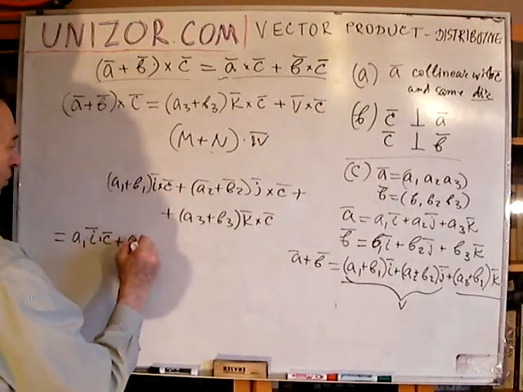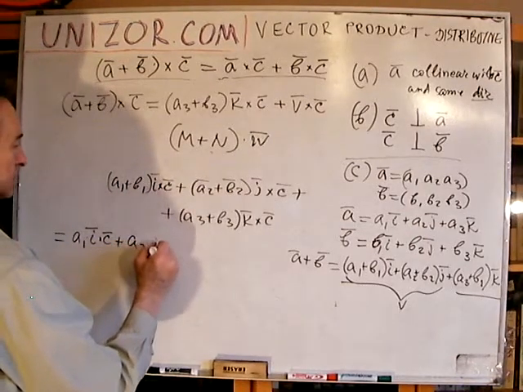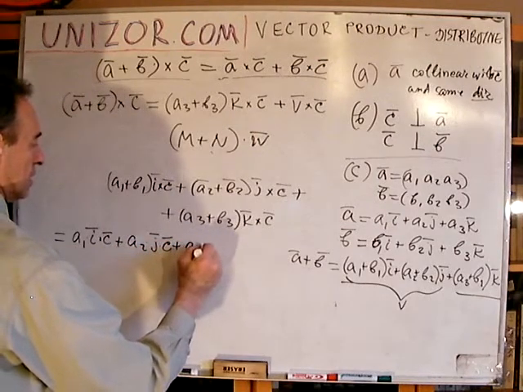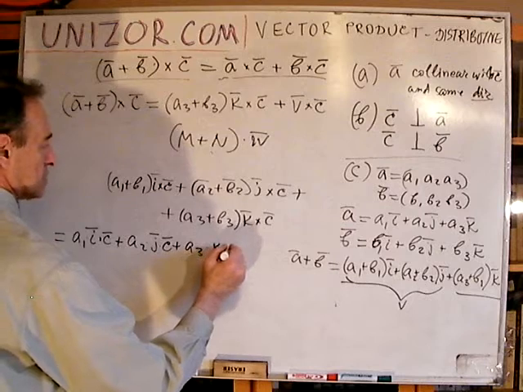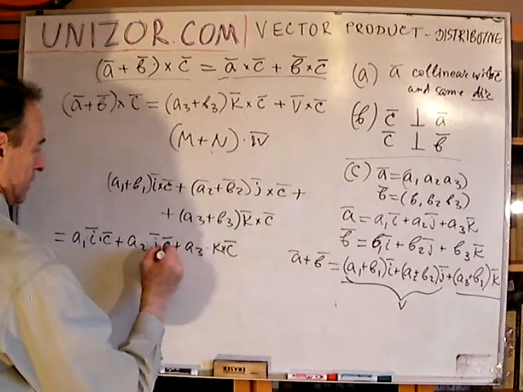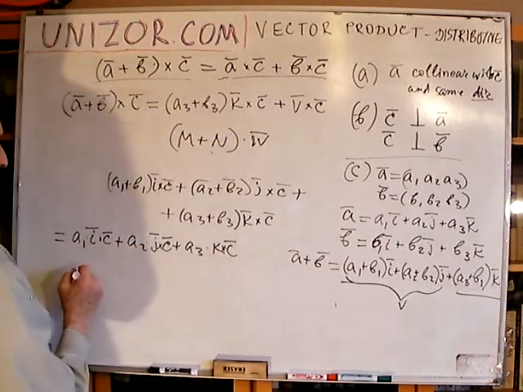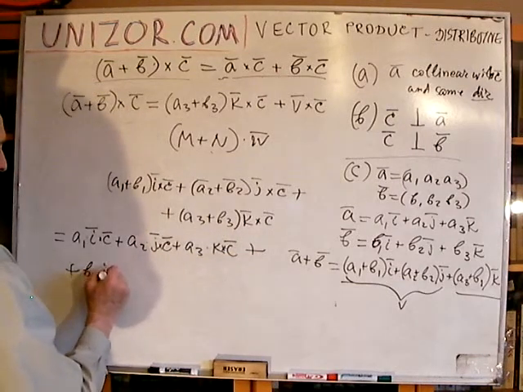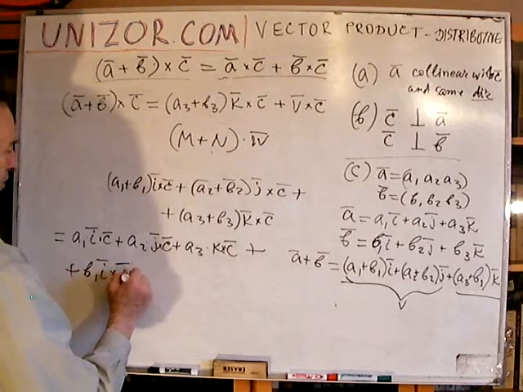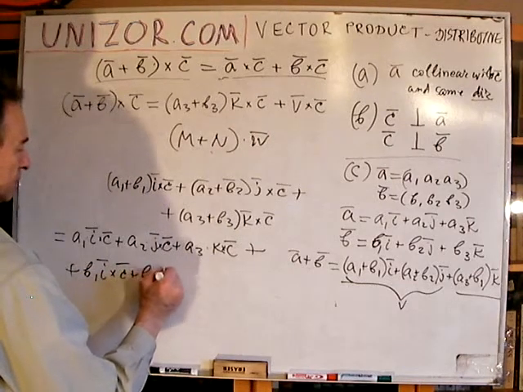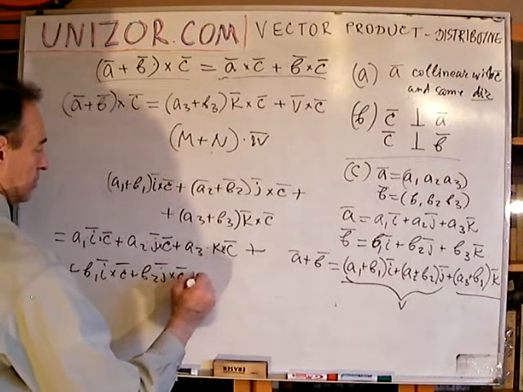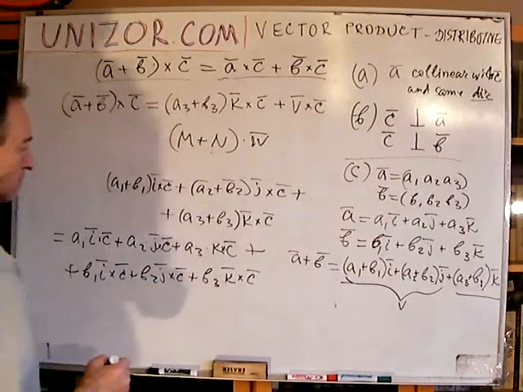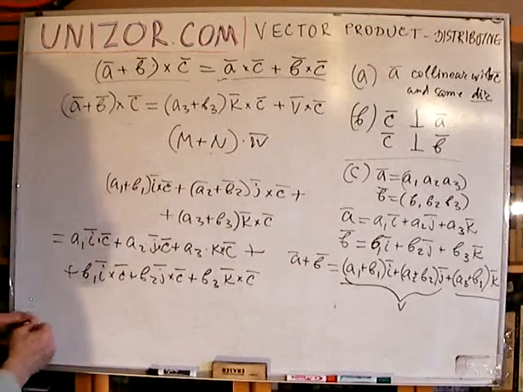First I will put all A's and then all B's: A1 I product C plus A2 J product C plus A3 K product C, plus B1 I product C plus B2 J product C plus B3 K product C. So that's the result of all these multiplications.